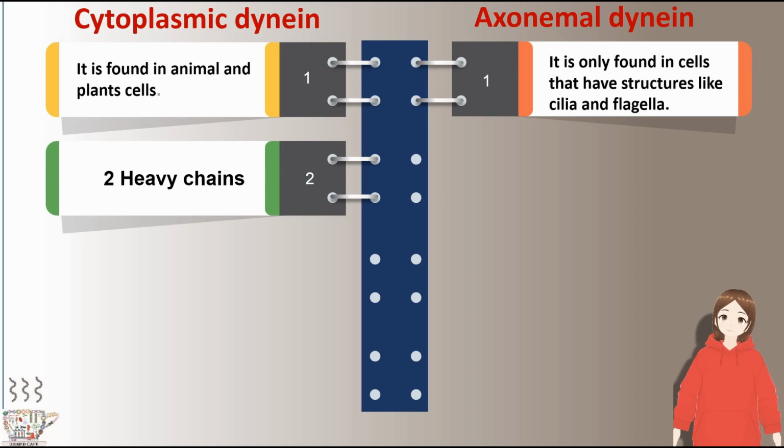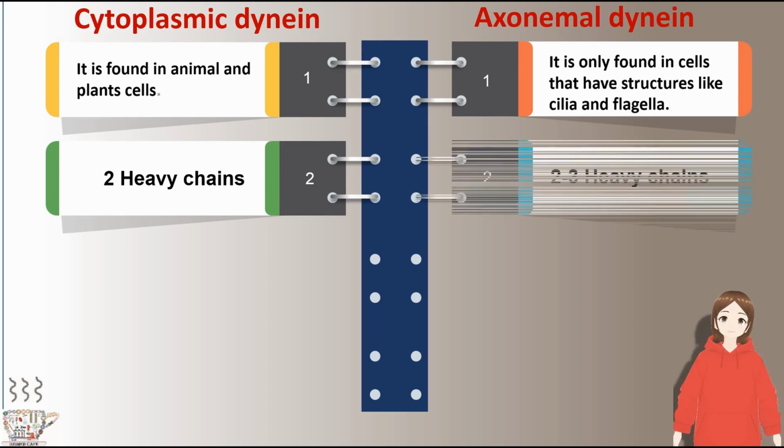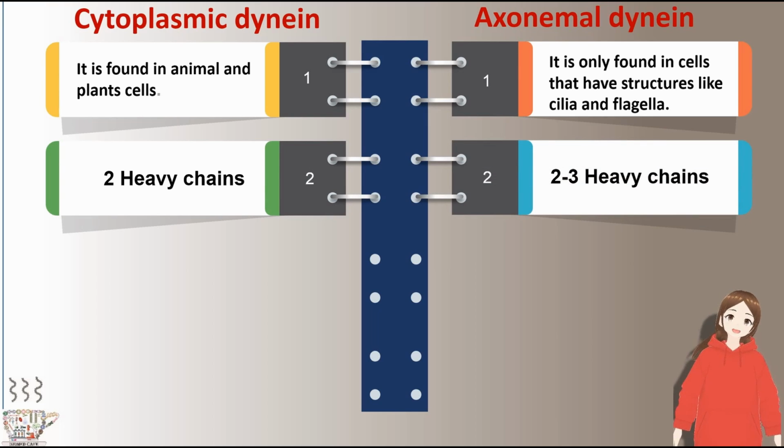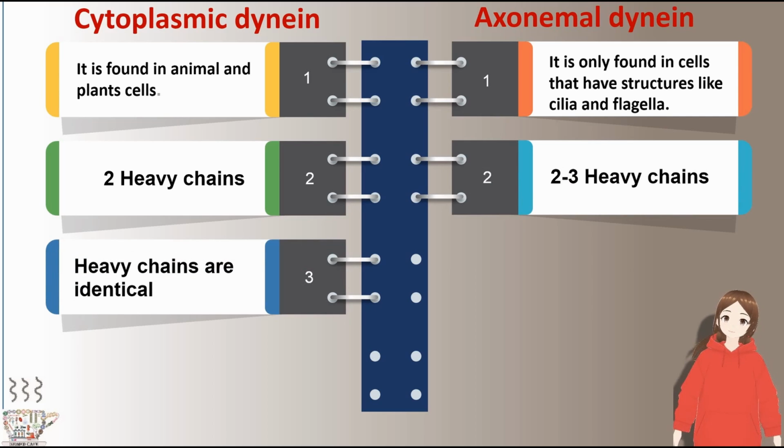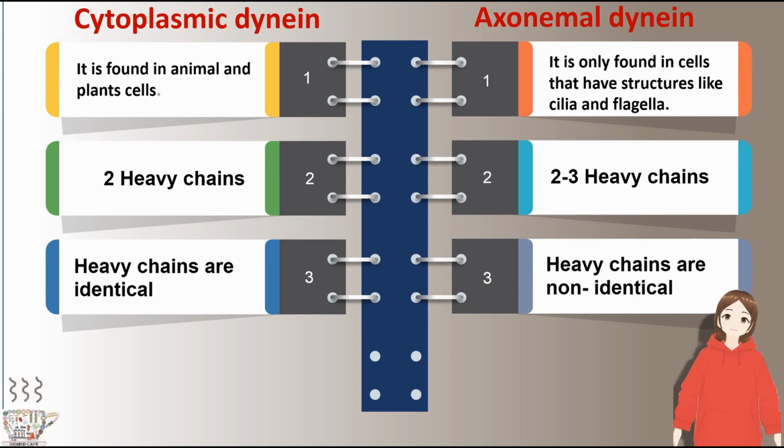Cytoplasmic dynein has 2 heavy chains, but axonemal dynein has 2 or 3 heavy chains. Heavy chains in cytoplasmic dynein are identical, but heavy chains in axonemal dynein are non-identical.